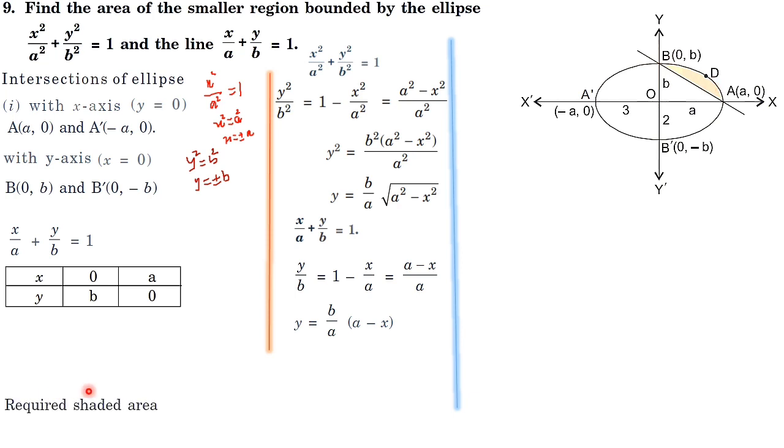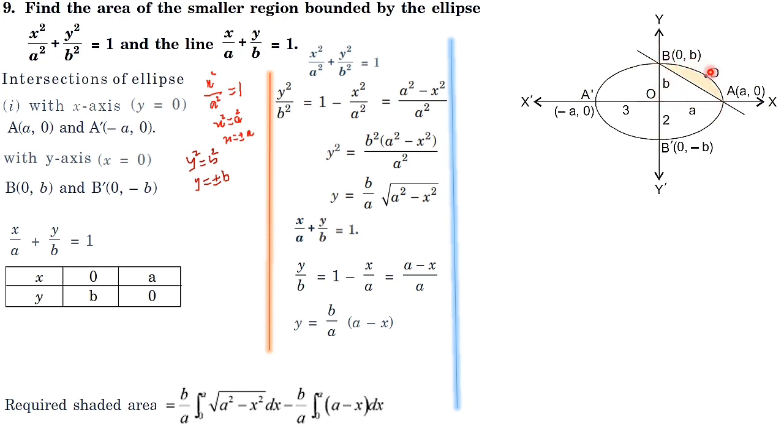So the required shaded area is equal to, how do we find it? That is this portion area, that means the area under this curve in the first quadrant, minus the area of this triangle.